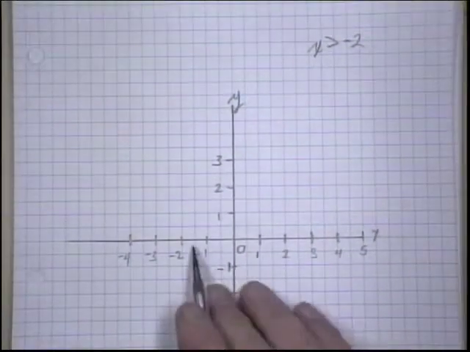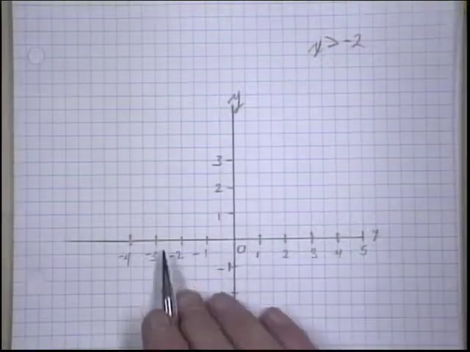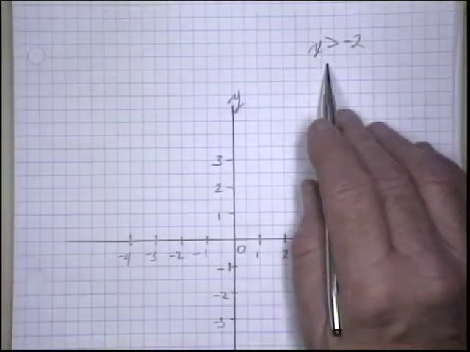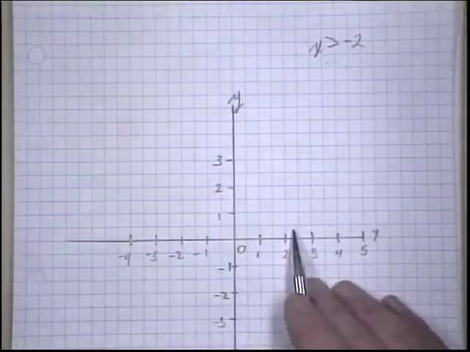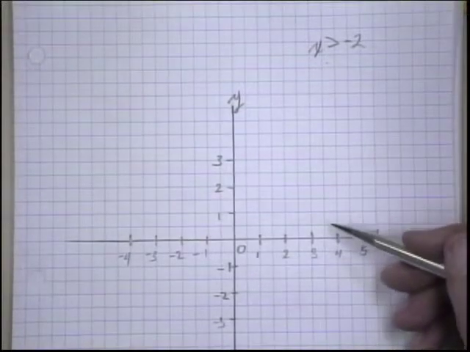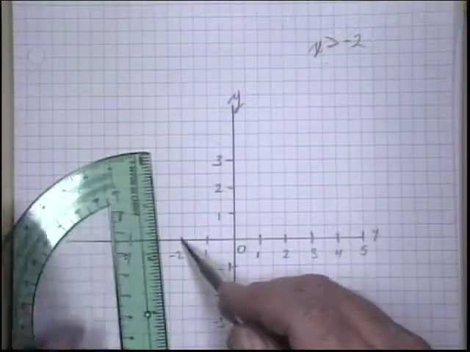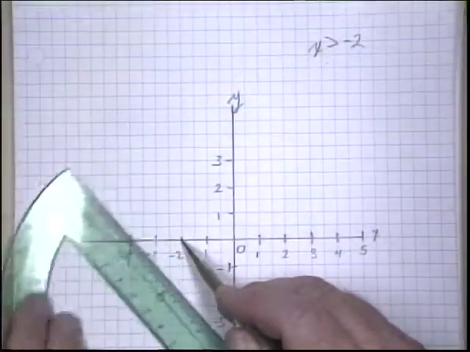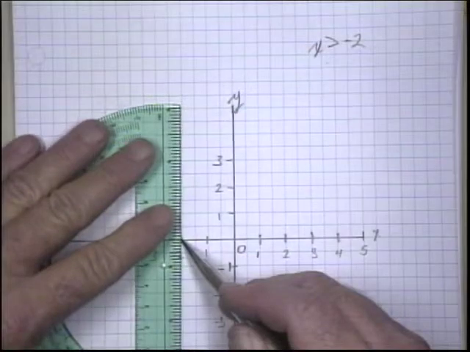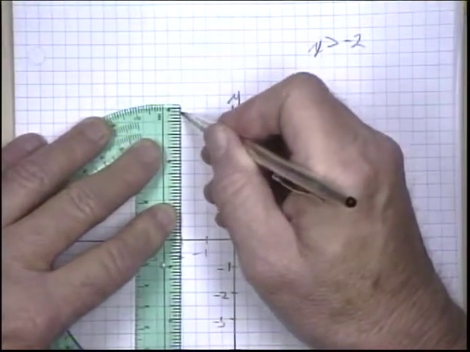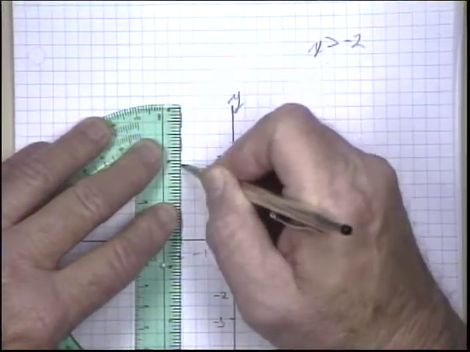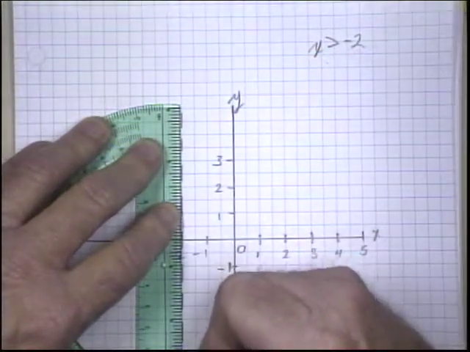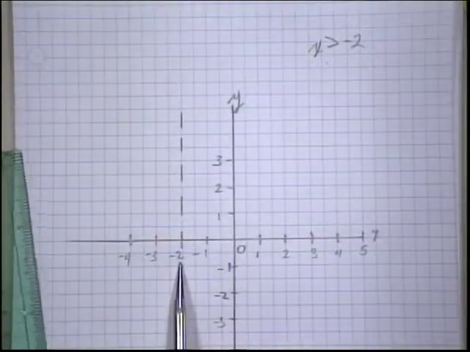Well, any x to the right of minus 2 satisfies this inequality, any x. And it doesn't matter where the y is. So this inequality can be graphed in this way. I'll draw a dashed line through x is minus 2.